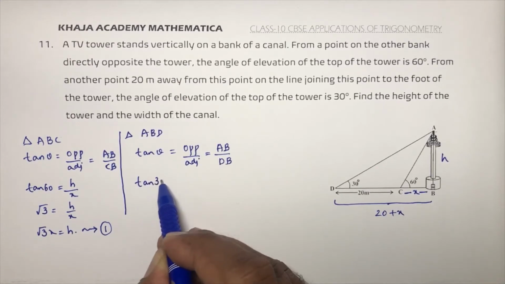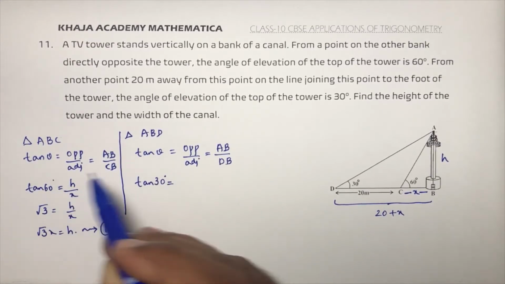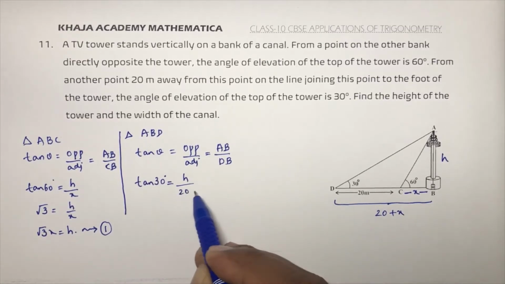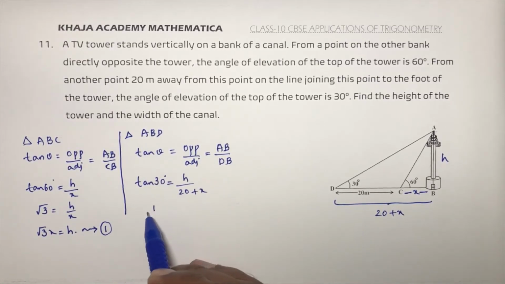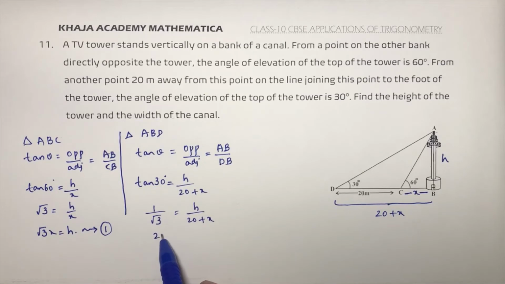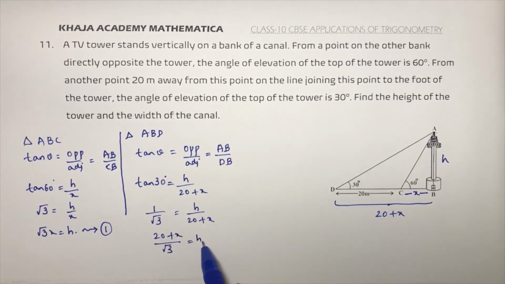Tan 30 degrees, opposite is h by 20 plus x. 1 by root 3 equals h by 20 plus x. If we cross multiply, (20 plus x) by root 3 equals h. This you can mark as equation 2.